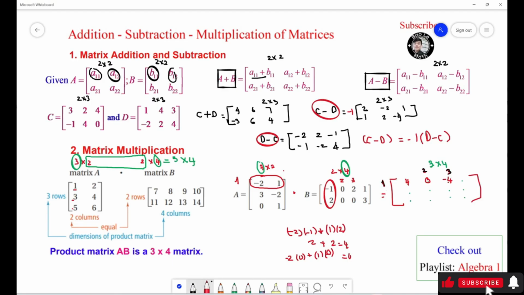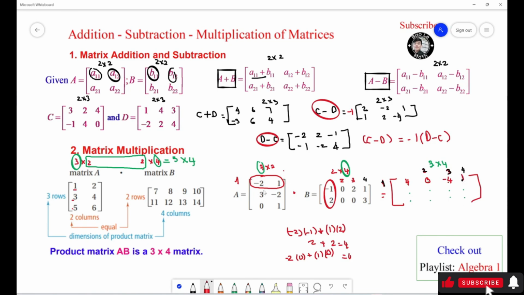Now next one, first row and the last column, which is column 4. Negative 2 times 1 is negative 2, 1 times 3 should be 3. So negative 2 plus 3 should be 1. So the answer 1 you put right here.